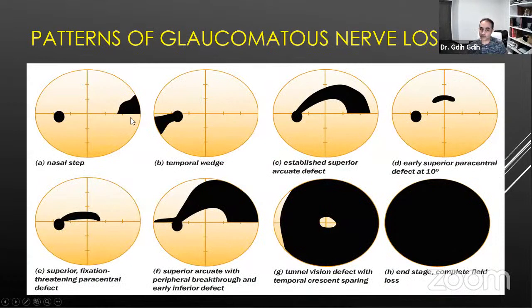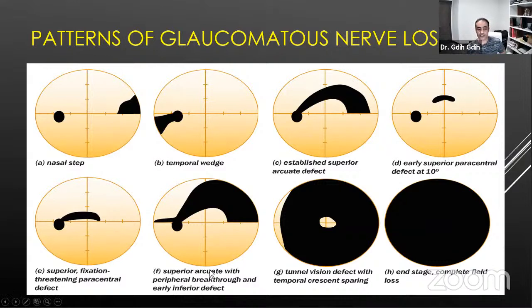So nasal step, as we said, is the most common. You can have a temporal wedge, less common, but you can have that. Or superior or inferior arcuate scotoma. You can have an early paracentral scotoma, either superior or inferior. You can have a paracentral scotoma that is threatening fixation, and that's more so in low tension glaucoma, where the scotoma tends to be deeper and closer to the center.